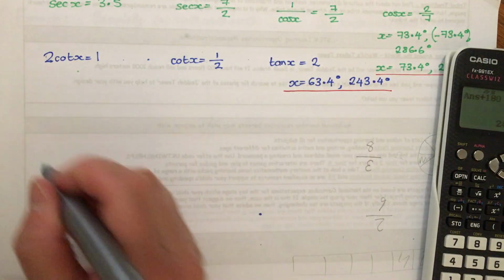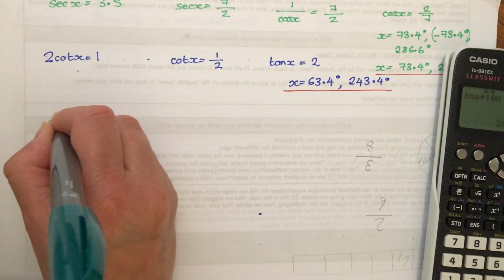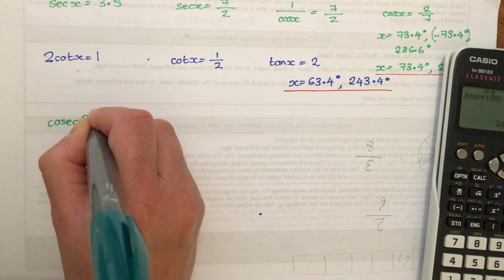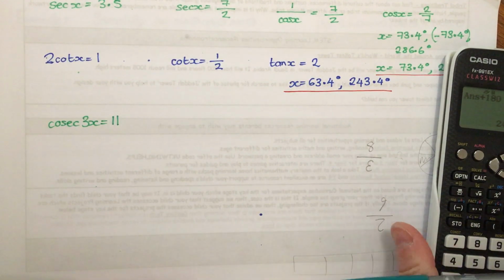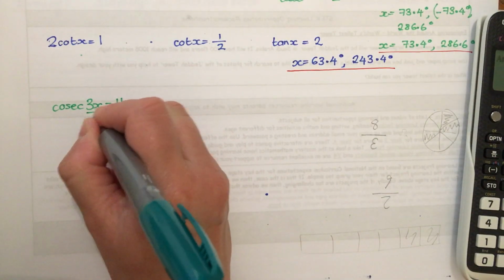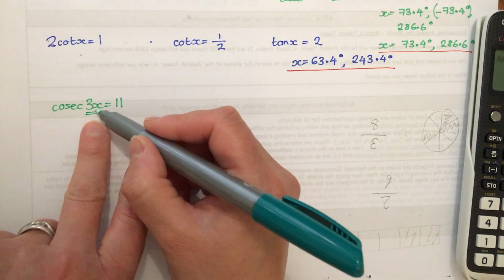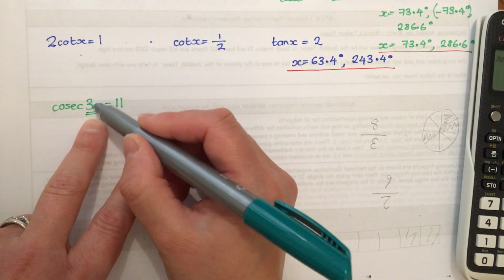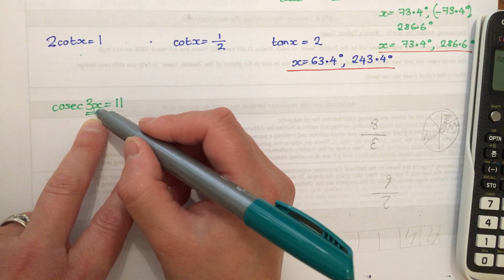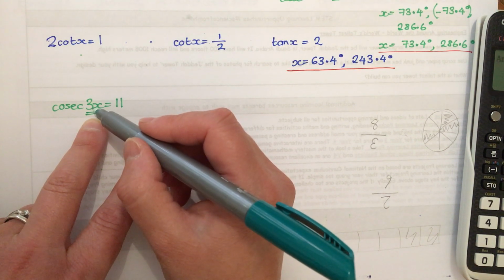And the last one is cosec 3x equals 11. So for this one, I want you to remember that because I've got a multiple or an adjustment of the value of x in here, I need to adjust my range. Oh, I'm sorry.